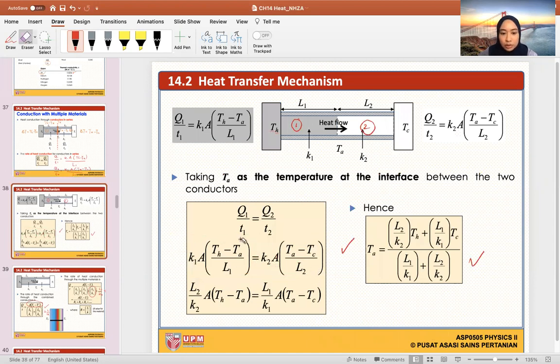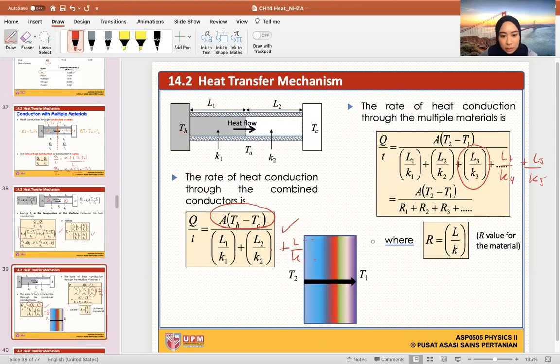You can solve for TA using this equation. If you have three material, this is your second equation. If you have three material, use this equation to find out what is the heat transfer, if you have 2 or more. Okay, so ada 3 equation untuk conduction for series.